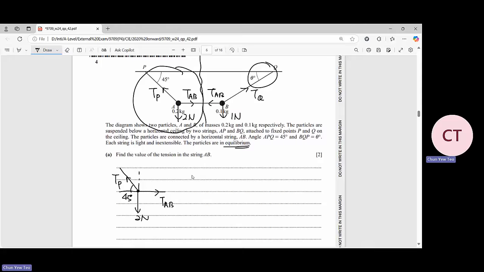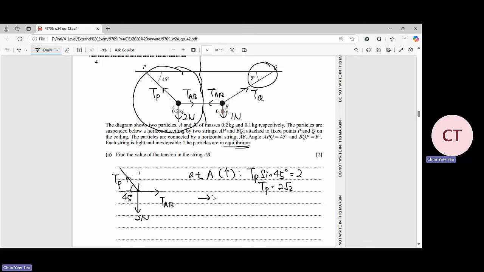So at A, if you resolve the forces vertically, then you will have TP sine 45 is equal to 2. Okay, then we will be having TP is equal to 2 root 2. That will be your answer for TP.